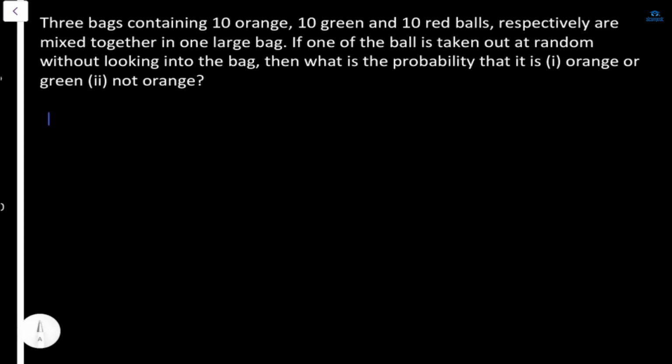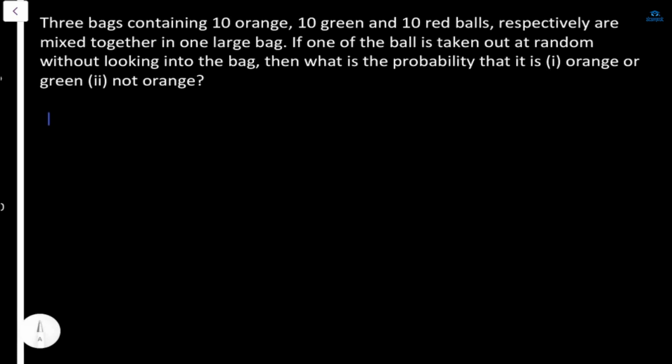So we were having 3 bags. One bag was having 10 orange balls, one bag was having 10 green balls, and one bag was having 10 red balls. Now we have mixed all of these balls in one single bag.